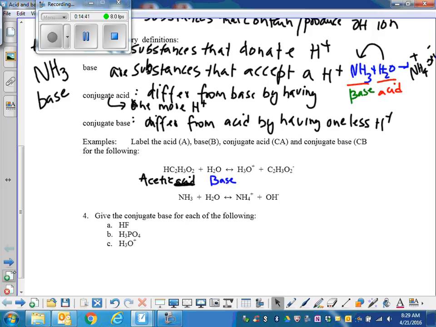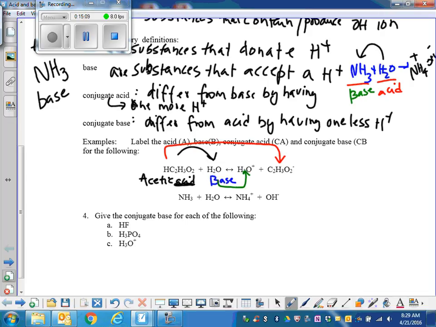So if you look at Bronsted-Lowry theory, what does the acid donate? The acid gives the hydrogen plus to the base. Yes or no? So the acid has now become what? Acid has become this. Is that what is left of the acid? Do you agree? This is the base, and this is what is left of the base.